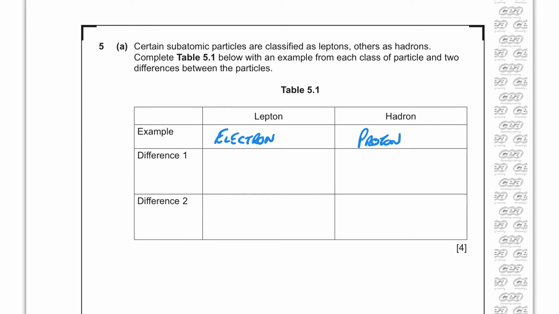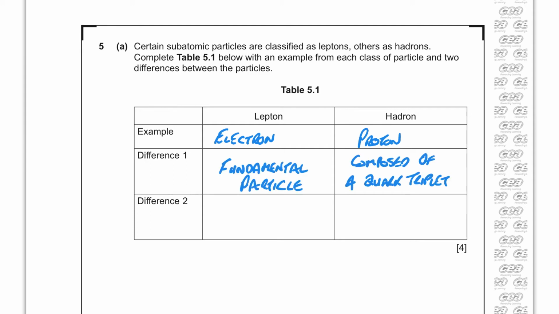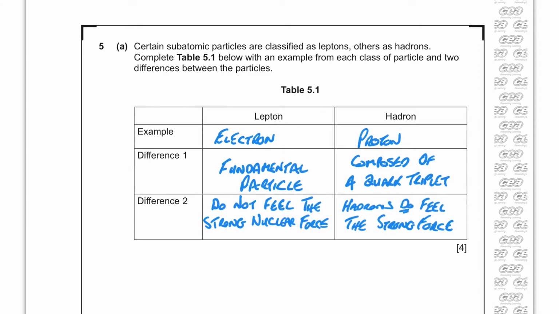The most obvious difference between leptons and hadrons is that leptons are fundamental and hadrons are composed of quark combinations. The second obvious difference is that leptons do not feel the strong force, whereas hadrons do. So if you know your particle properties, then these are easy marks.